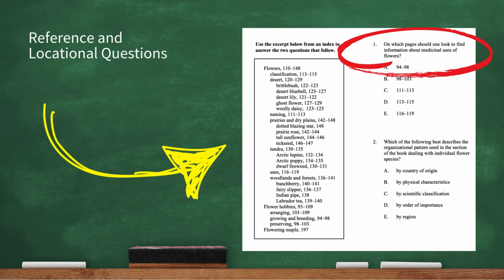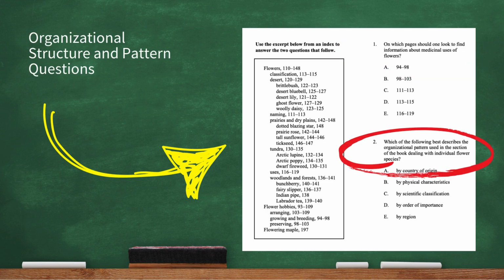All right, so the next reading type of questions that you want to be aware of is called organizational structure and pattern questions, where you can see, which is now circled in red, a question that asks you to identify the best organizational pattern used in the index presented.